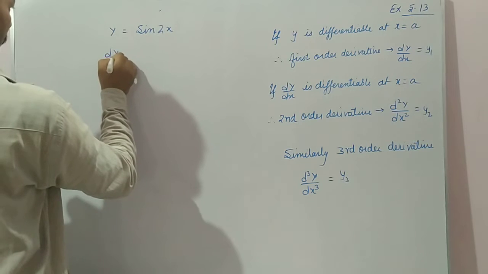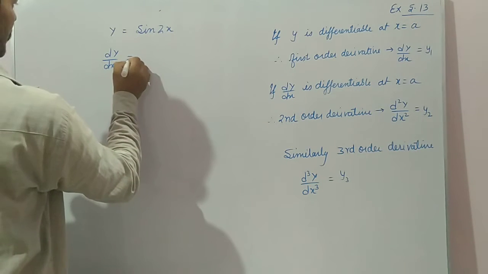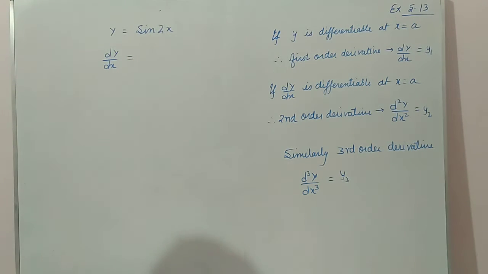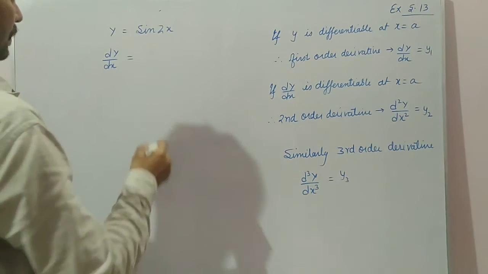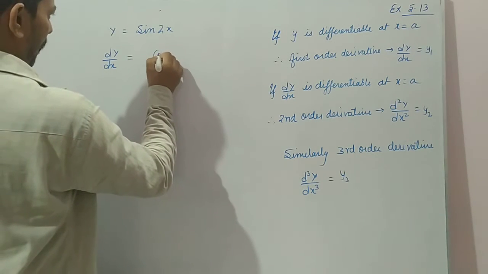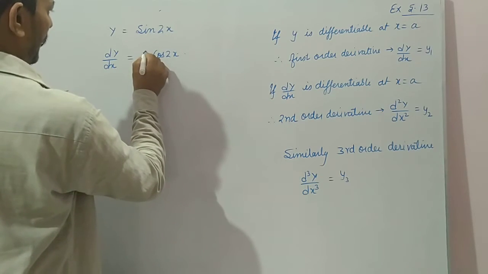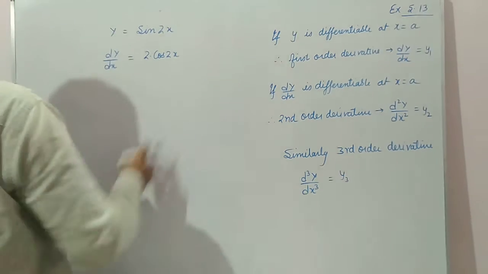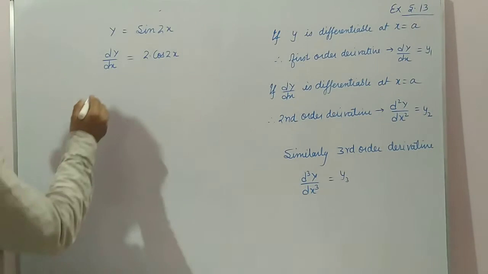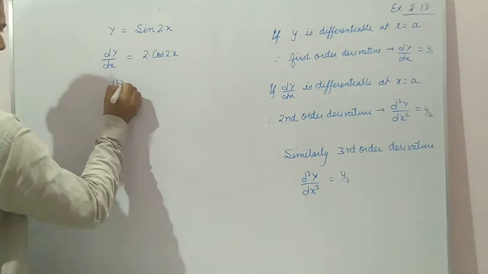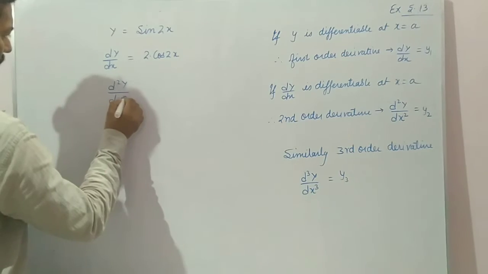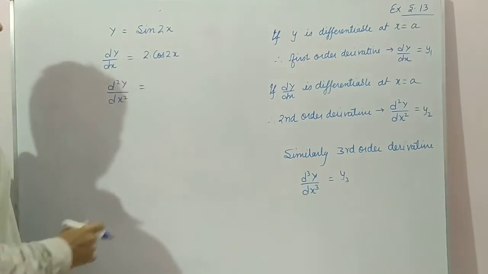So the first order derivative dy by dx: the differential of sin is cos 2x, and then the differential of 2x is 2. So we write 2 cos 2x. Then the second order derivative d2y by dx square means we differentiate this one.